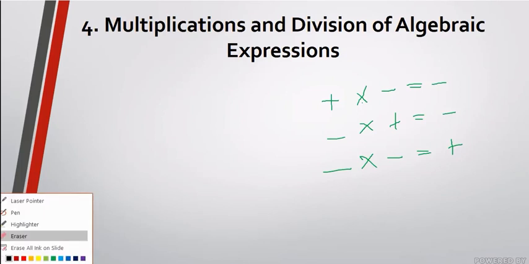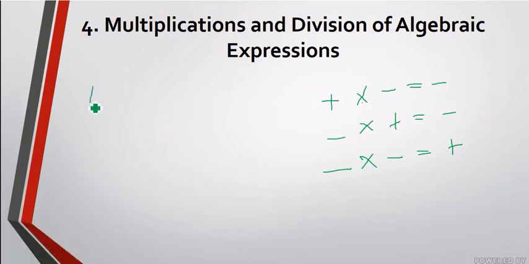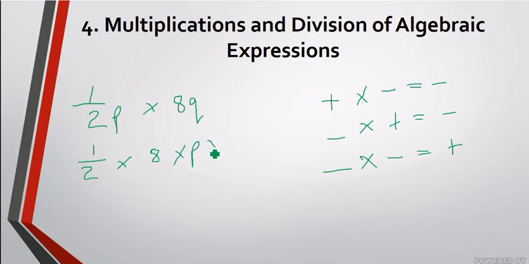If I have a half p multiplied by 8q, again another expression to multiply. What can I do? I can separate my numbers from my terms. I can get this: a half multiplied by 8 multiplied by p multiplied by q.